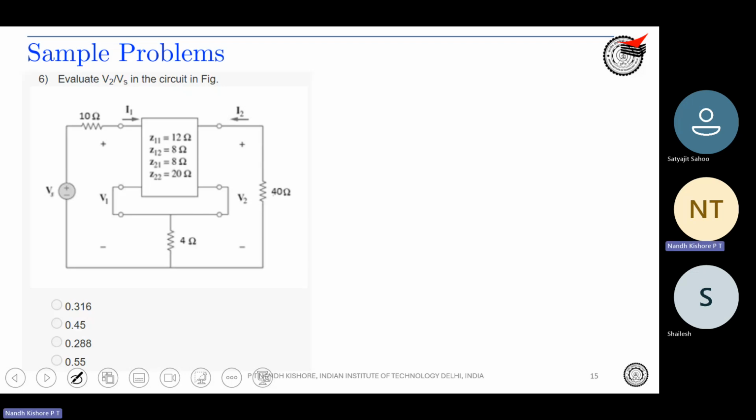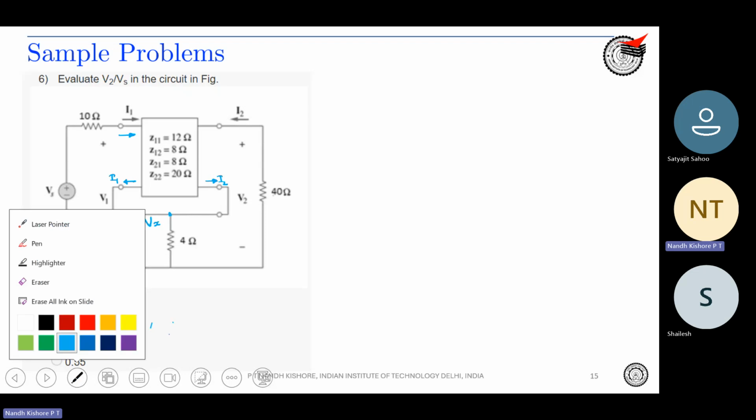Let me call this particular node Vx. Then by KCL, whatever current is entering has to come out, correct? So this current is also I1, and similarly I2 is entering, so the current that comes out over here is also I2.